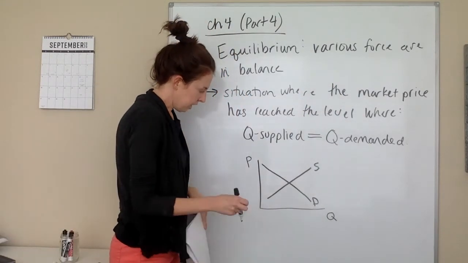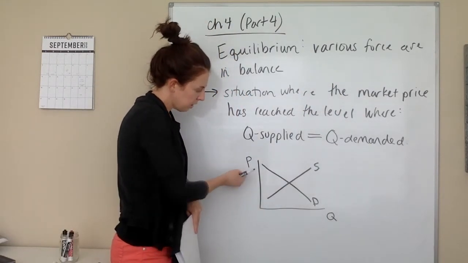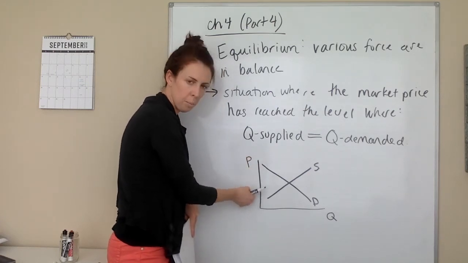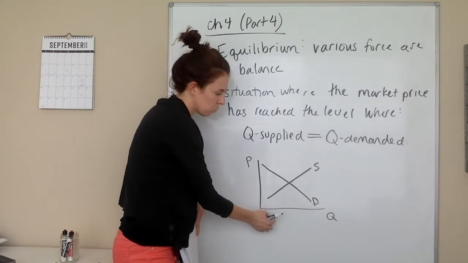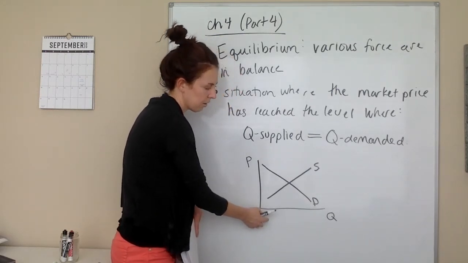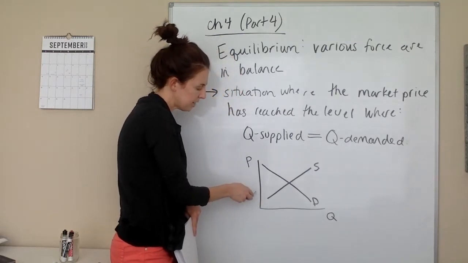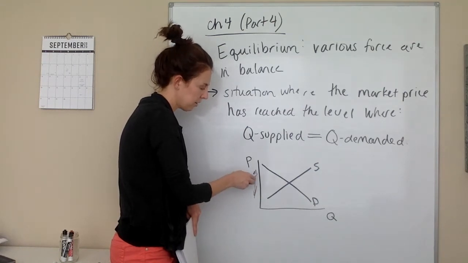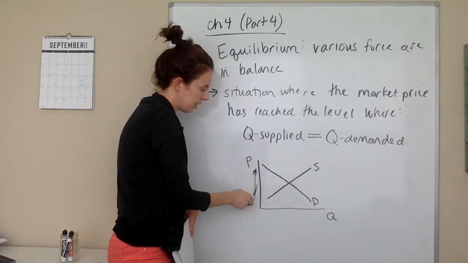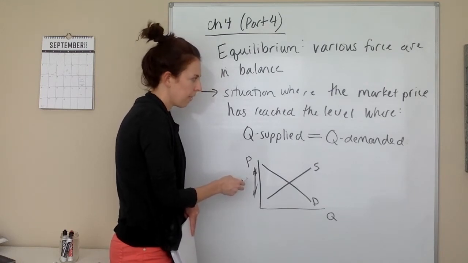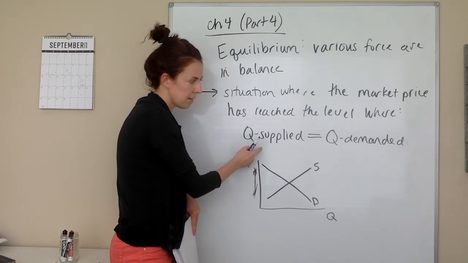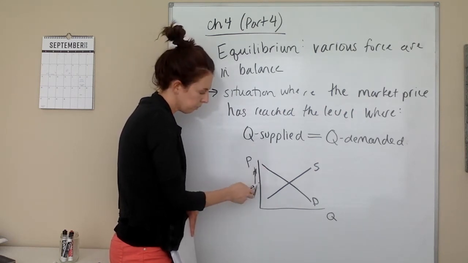In markets, a whole bunch of different prices are possible, and the price determines where we're sitting along the horizontal axis. So there's going to be churn in the market, with the price going up and down until it settles at a particular location, the location where the quantity supplied is exactly equal to the quantity demanded.